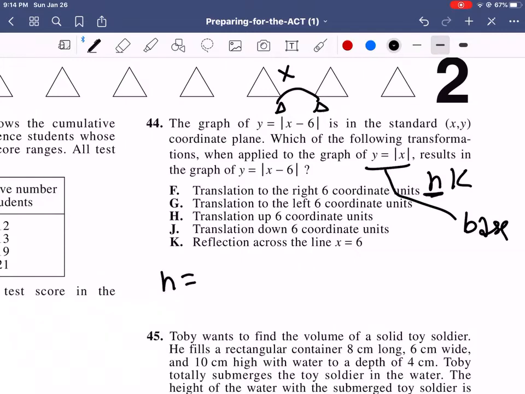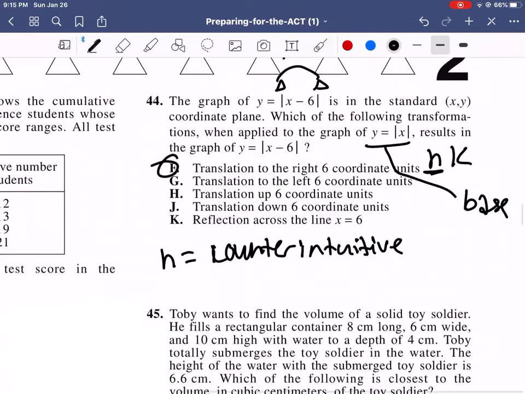And h is counterintuitive, meaning it does the opposite of what you think it will do. So x minus 6 is actually going right 6, not left 6. So translation right 6 units.